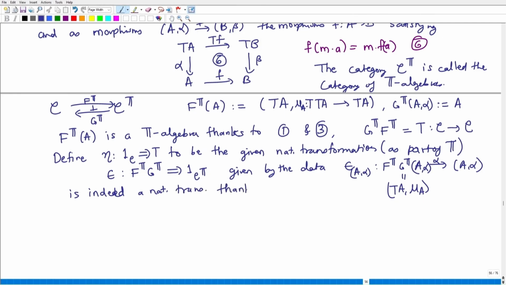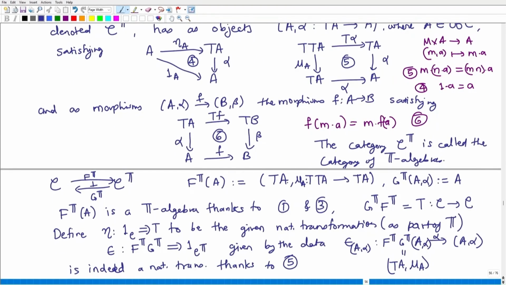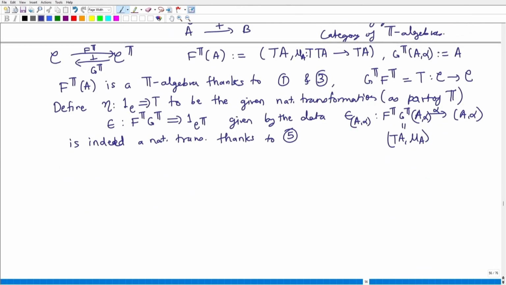Thanks to 5. Please observe that 5 is nothing but 6 in the special case that B beta is A alpha and A alpha is TA mu A. Good. So far so good. So this is indeed a natural transformation. Now we have got data of 2 categories, 2 functors and 2 natural transformations.